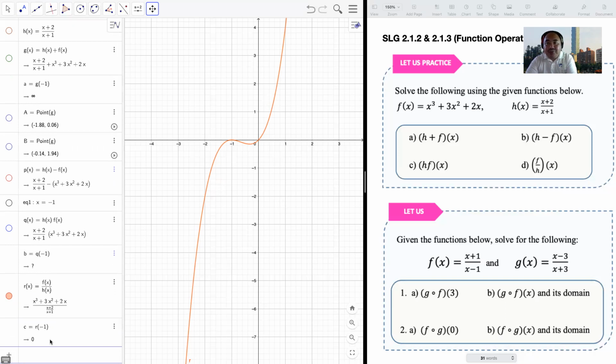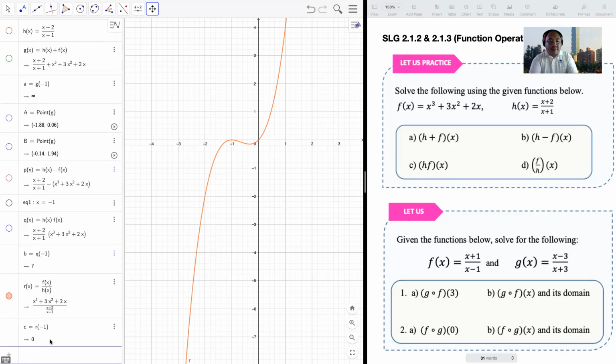But you should know that domain-wise, x equals -1 should already be excluded because your h of x cannot have a value at x equals -1.